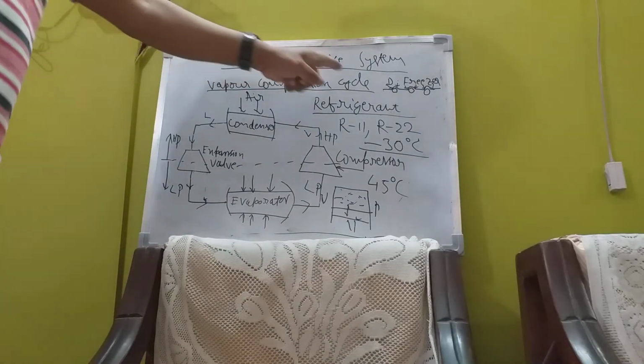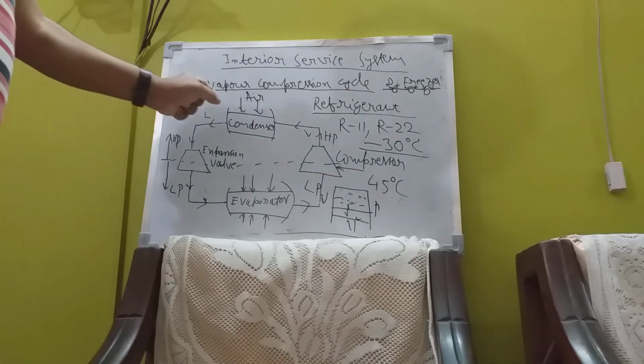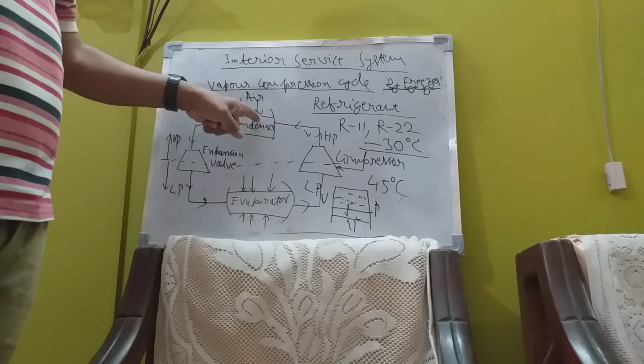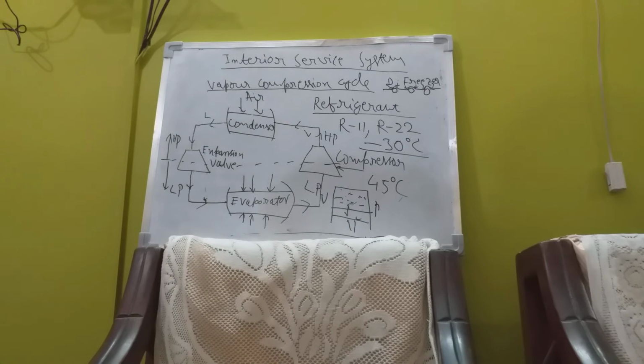This is the whole cycle of the refrigeration air conditioning plant. Try to understand the grasp of the cycle. The cooling of the refrigerant we are doing through air in case of an air conditioner in the house.